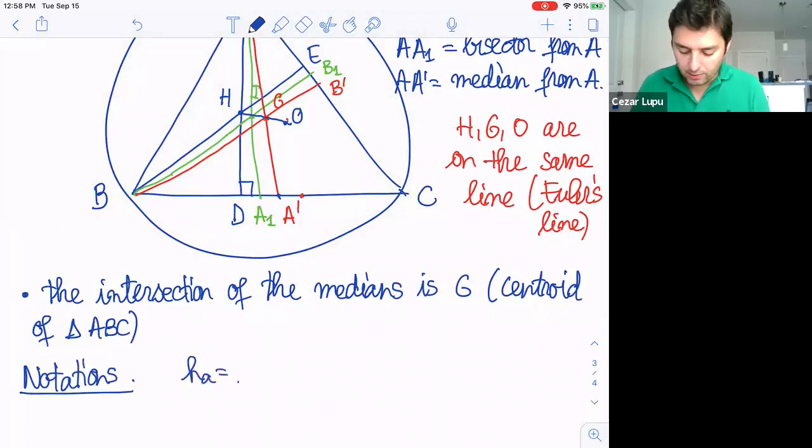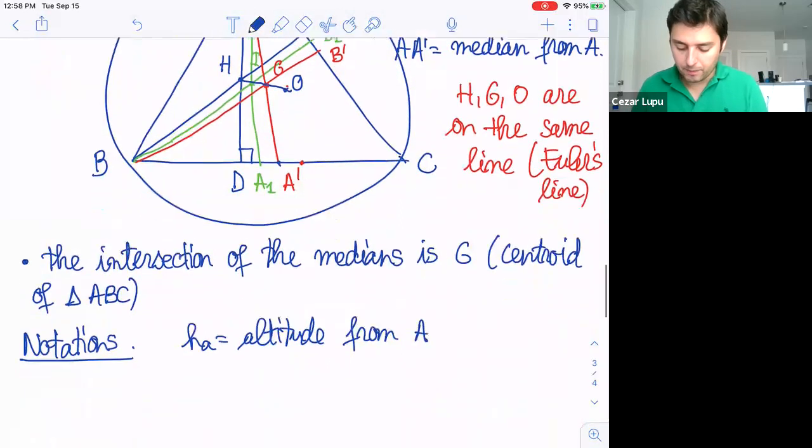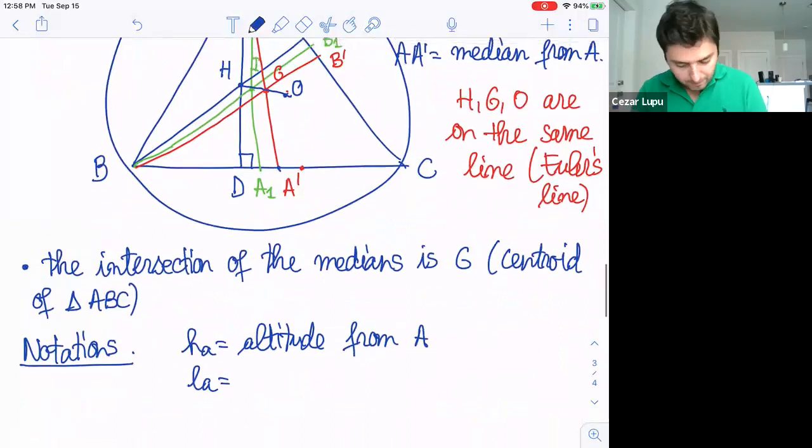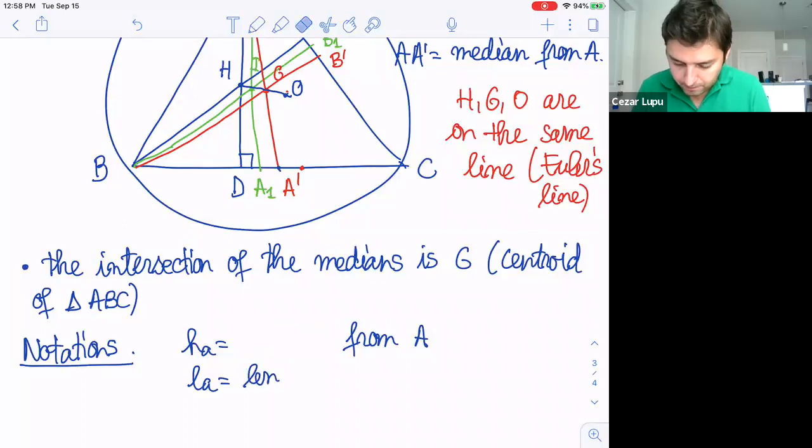HA, like I said, is the altitude from A. LA will be the length of the bisector from A. Okay, maybe I should say here the length of the altitude. Let me be specific.